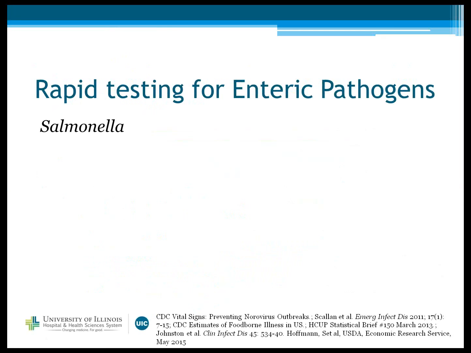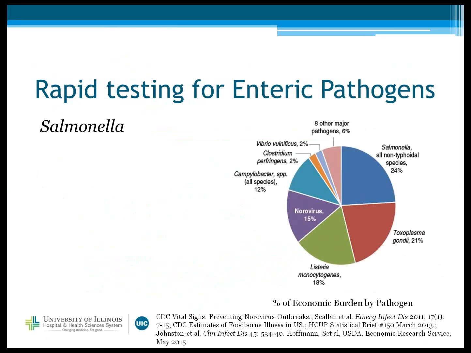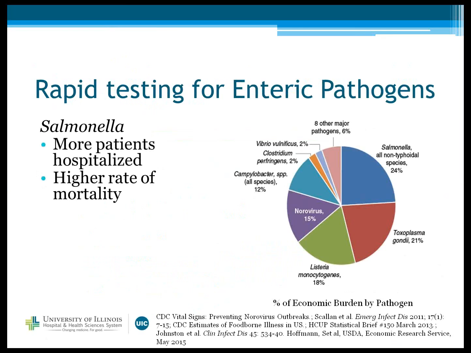But in comparison to norovirus, which causes the most of our foodborne diseases, we're looking at something like Salmonella. So some really interesting data came out from the USDA, and they did some economic research looking at the economic burden of these targets. And while norovirus is the most common cause, Salmonella turns out to be the largest percentage of economic burden.